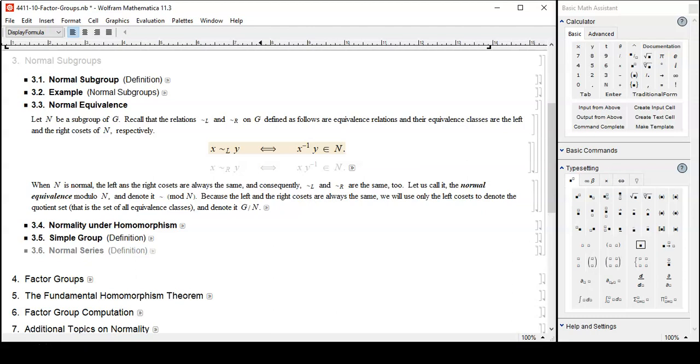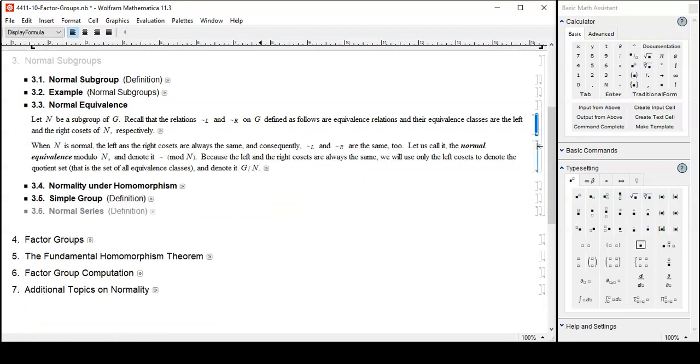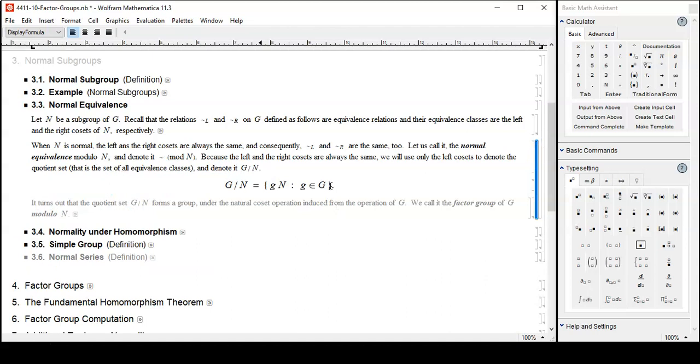Now that we have the equivalence relation, we can consider equivalence classes and the set of all equivalence classes, which we call the quotient set.